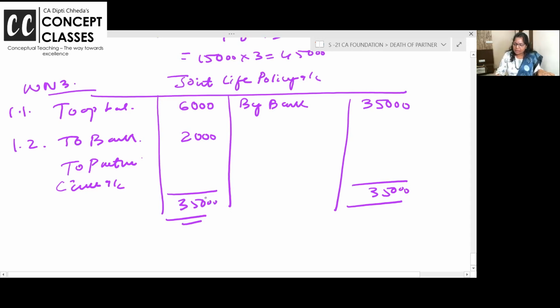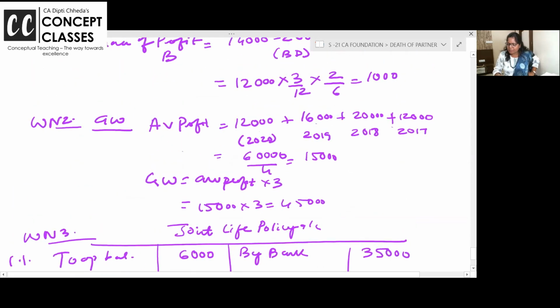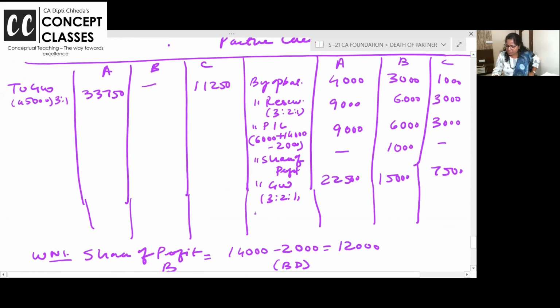35,000 minus 8,000 is 27,000. Give it to all the old partners in old ratio. Did you understand? In January, joint life policy was 6,000. In February, 2,000 more paid. And by bank, 35. So 27 is the profit. Give it to old partners in old ratio.